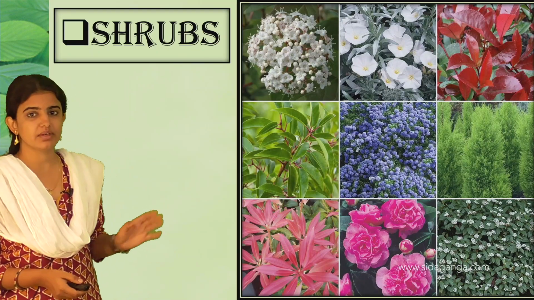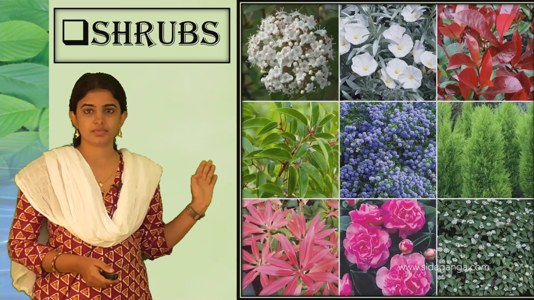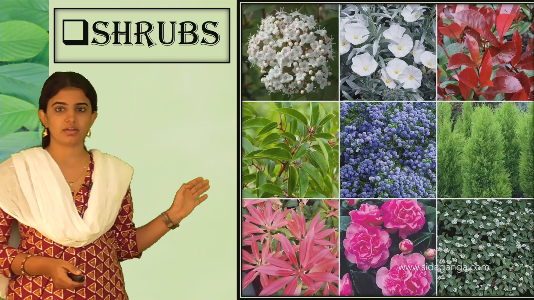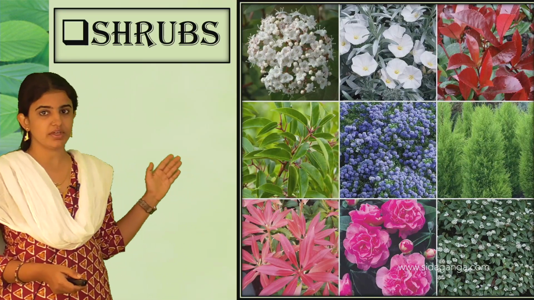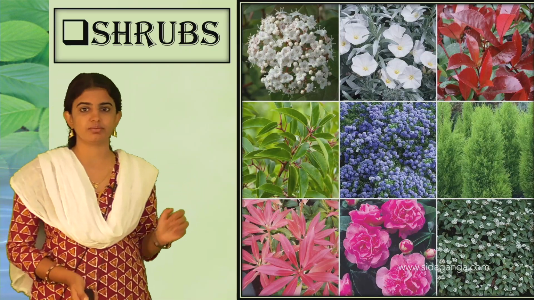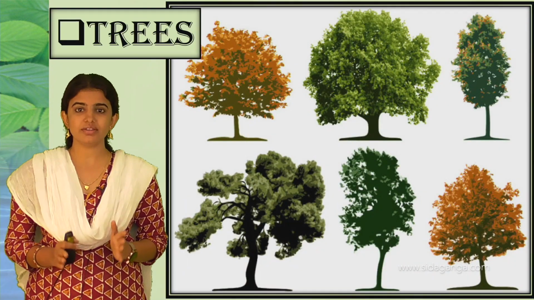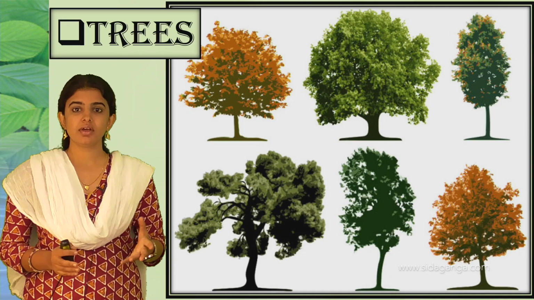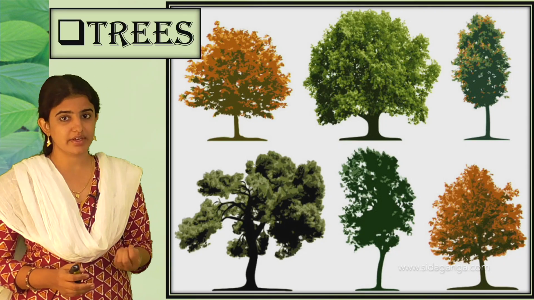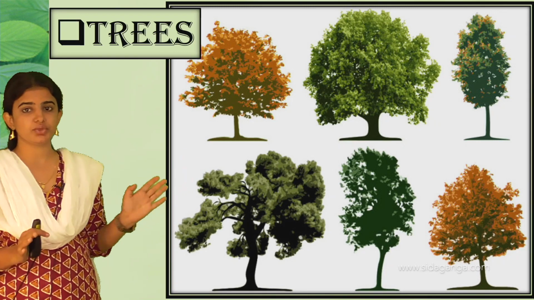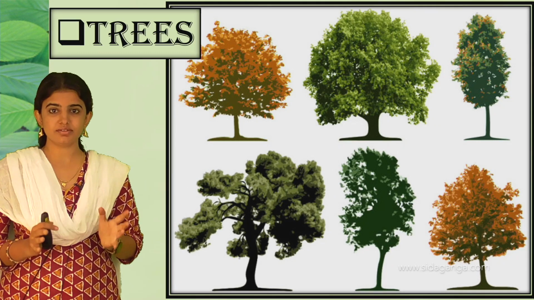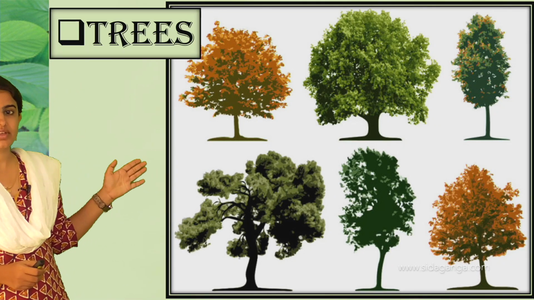Next one is the trees. See, trees have a long, thick stem, which is called a trunk. The stem is modified into a long thick structure, and these are the examples for the trees.